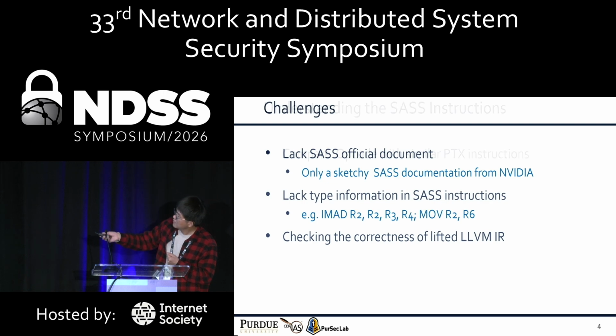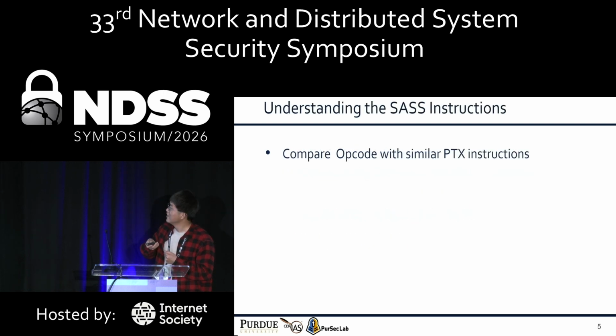So for the first step, how to understand the SASS instructions. Firstly, we will try to compare the opcode from PTX instructions, because even though there is no documentation for SASS, there's a lot of very detailed documentation for PTX.